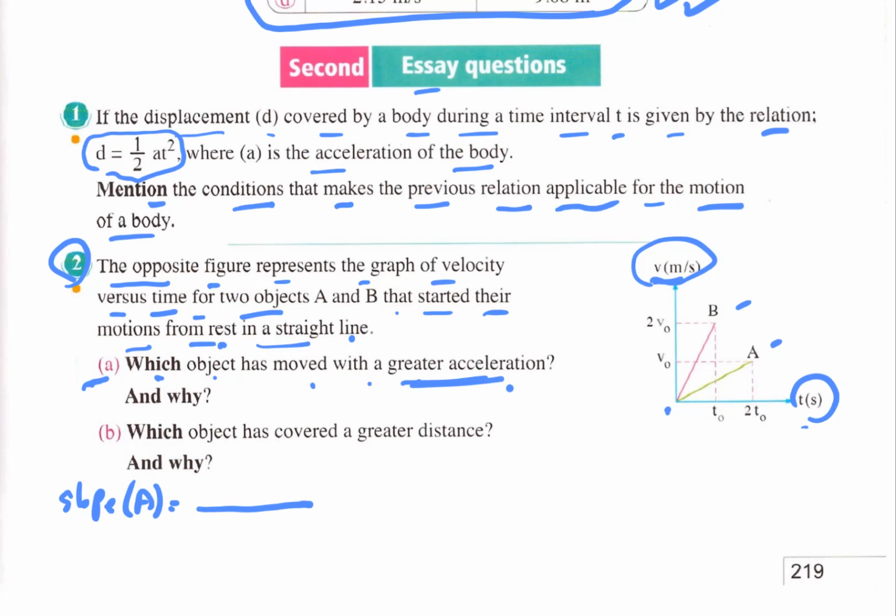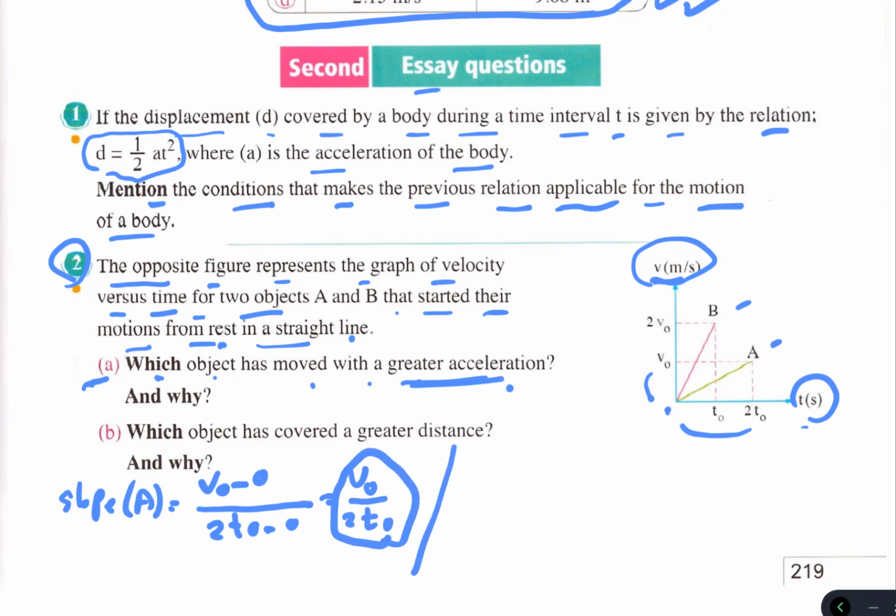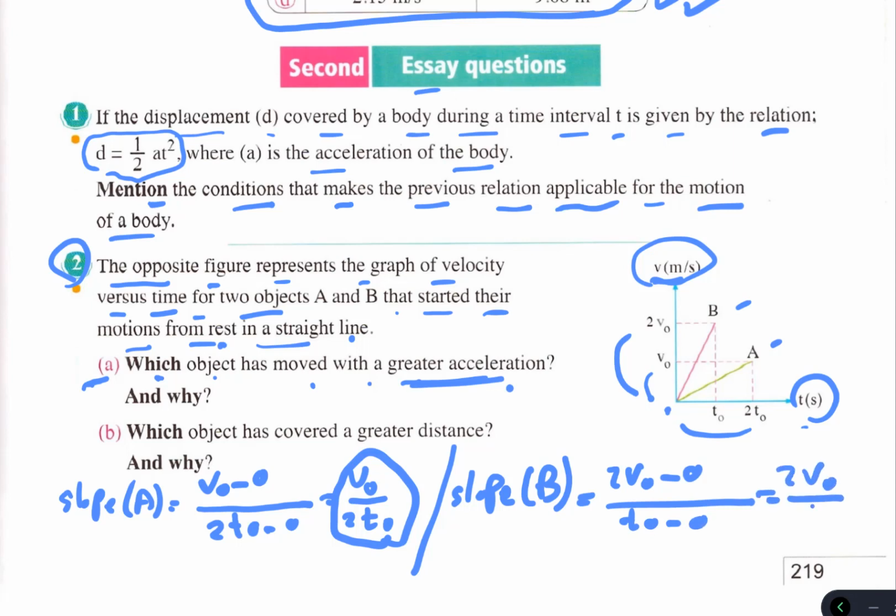So slope A means acceleration of A. Slope A equals V naught minus 0 over 2T naught minus 0, which means V naught over 2T naught. Let's get slope of B. Slope of B equals 2V naught minus 0 over T naught minus 0, so it equals 2V naught over T naught.